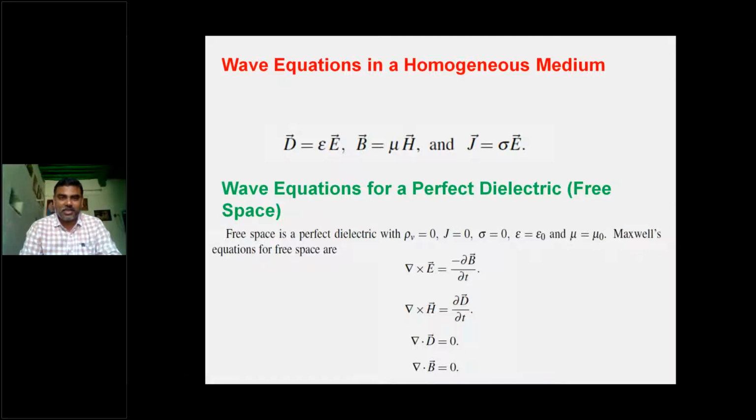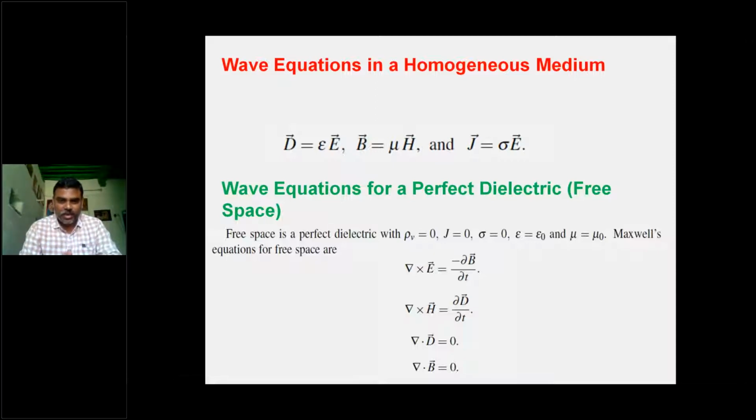So epsilon is epsilon naught epsilon r with epsilon r equal to 1, and mu is mu naught mu r with mu r equal to 1, for the perfect dielectric medium. And Maxwell's equations for free space: del cross E equals minus dou B by dou t, which is given by Faraday's law.